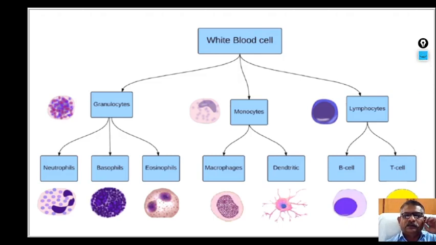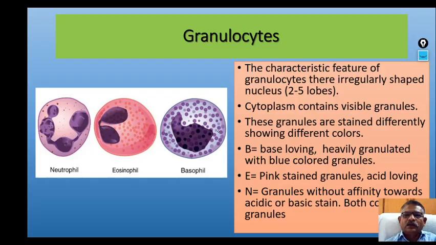The other thing we are supposed to study is the granulocytes in detail. As I stated, granulocytes are of three types: neutrophils, eosinophils, and basophils. They prominently show the presence of a lobed nucleus under stained preparations, 2 to 5 lobes.